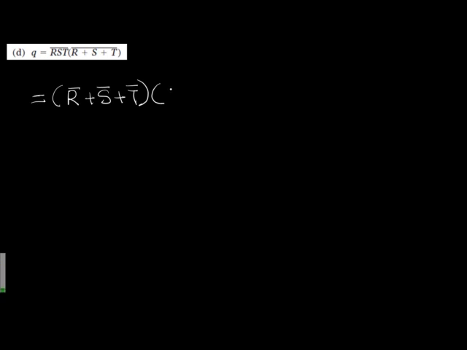Again, I use De Morgan's law: R bar and with S bar and with T bar. Now I have R bar, S bar, T bar, and this I can times with what is inside this bracket. Okay, so I have R. I'm going to rewrite it in an order where you can see what you can reduce.